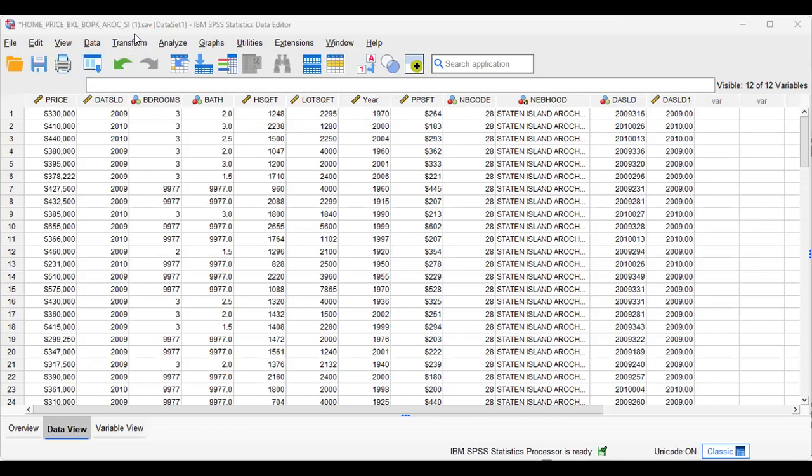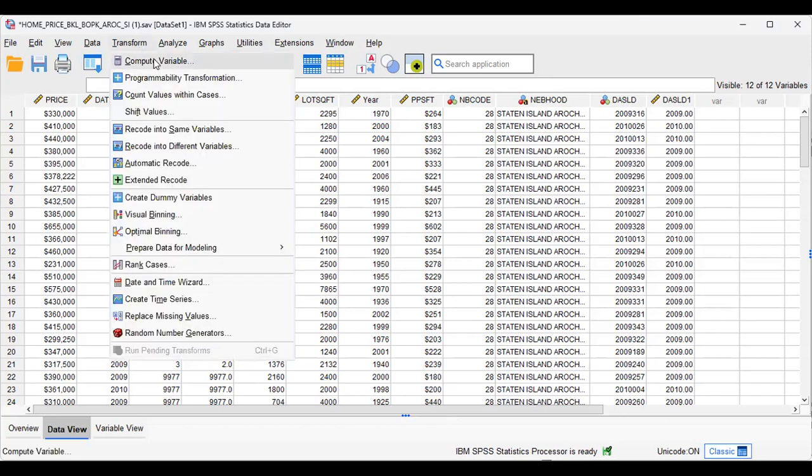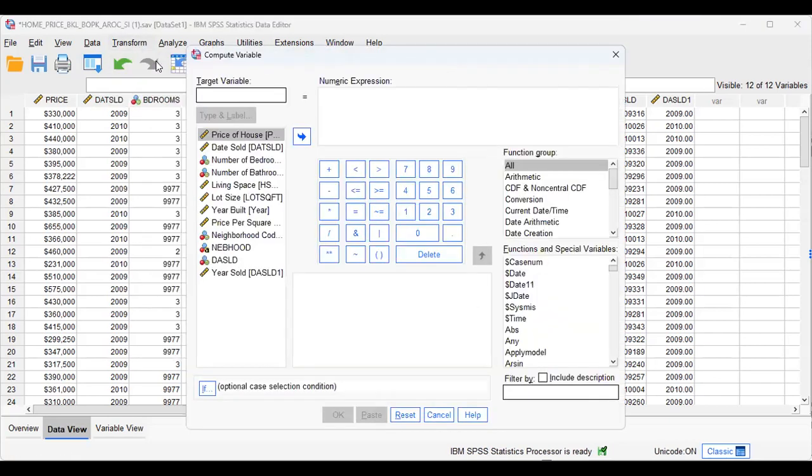And so I'm going to transform. I'll compute a variable, and I call that variable age. Age is equal to the year sold minus year built.